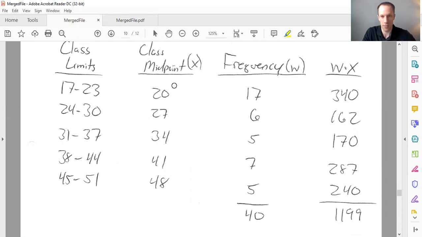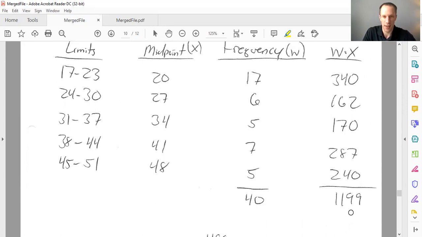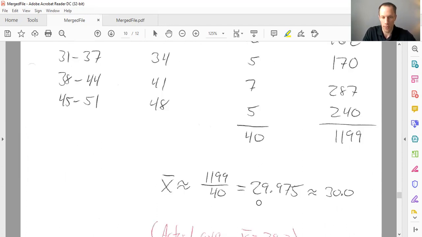So 17 times 20 is 340, 6 times 27 is 162, 5 times 34 is 170. Add that column of W times X values up. In this case, that's 1197. Divide it by the total amount of weight, which is the total of this frequency column, that's 40, and you end up with 29.975, which is approximately 30.